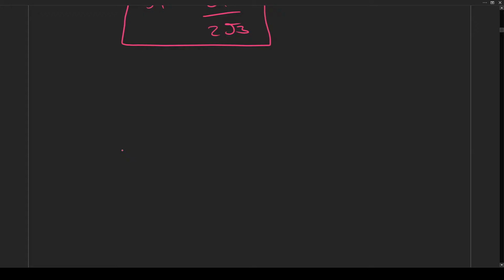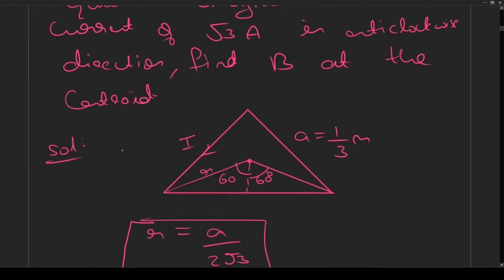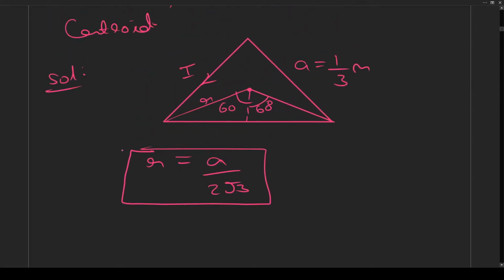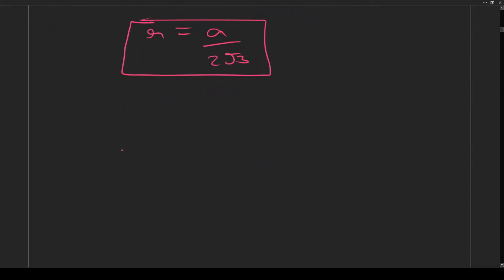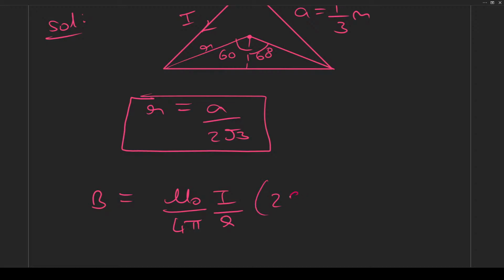Now, same way as the before question where we find the magnetic field due to individual segments and add all the magnetic fields due to all individual segments, which is B equals mu naught by 4 pi I by r into 2 sine 60°.